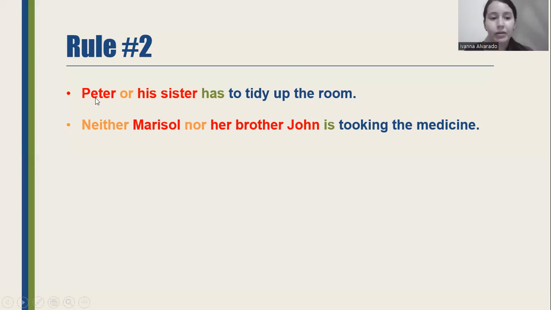When we use in a sentence 2 singular subjects connected by or, or neither nor, this requires a singular verb. In the first sentence, the singular verb has, and the singular verb is in the second sentence.